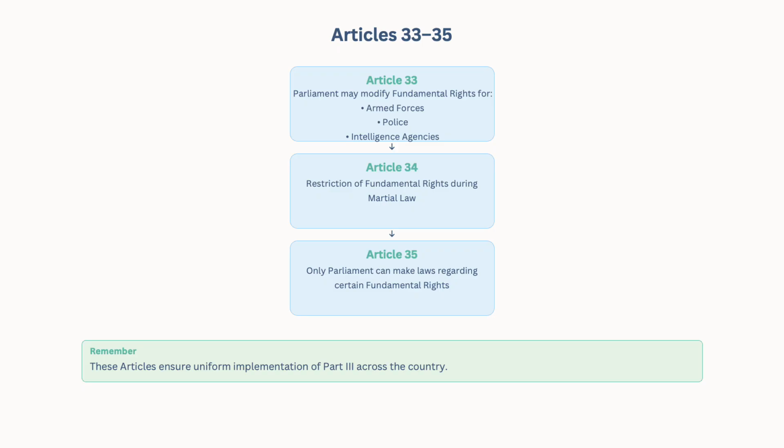Which means in order for armed forces to act freely, to act independently, they modify certain parts of the fundamental rights for people of the armed forces, the police, and intelligence agencies.